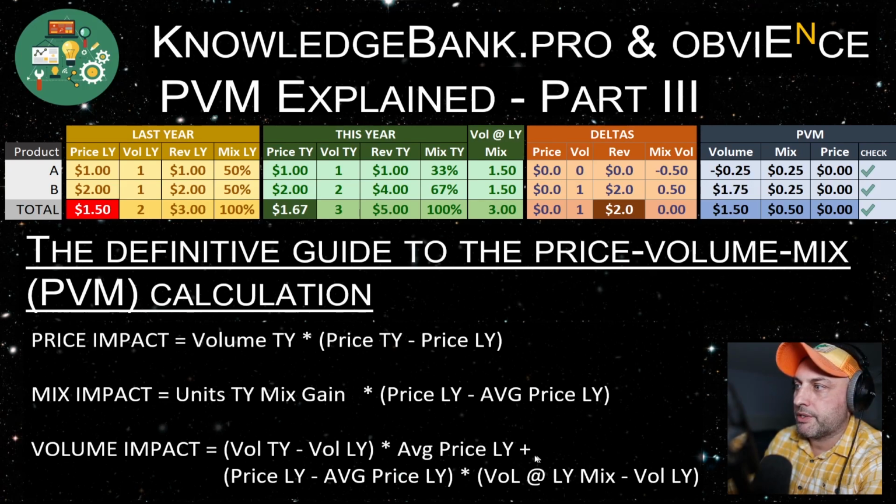What happens is this second part, when you implement it for all of the products, cancels each other out as it sums up, and you end up with this neat volume this year minus volume last year times average price. So again, for the total, that's enough, that's all you care about. If you want to do it at the line item level, then you need to add this second half.